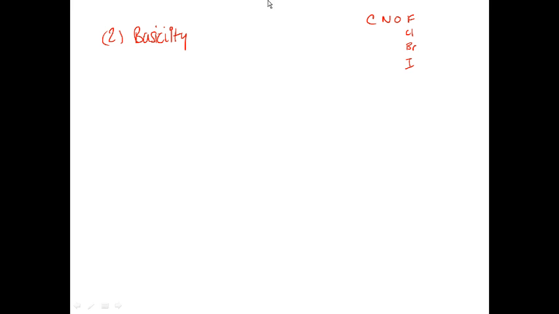It turns out that basicity is the factor with the following: the stronger the base, the stronger it is as a nucleophile. So this is a direct relationship. It turns out that basicity only comes into play if I'm looking at a horizontal comparison from the periodic table.